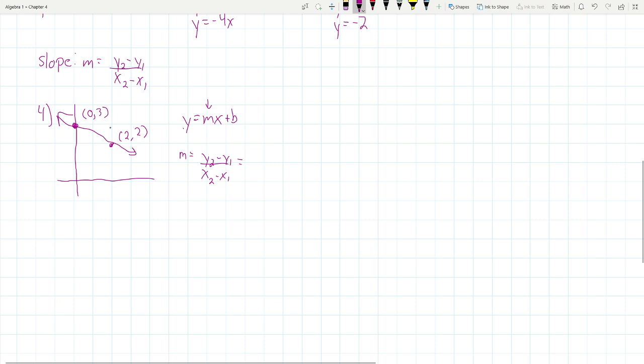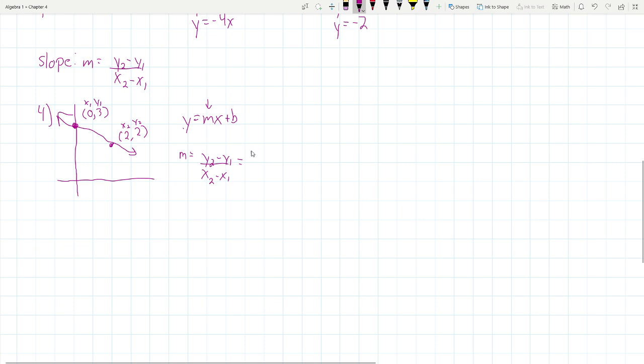And like I said before, whenever we did this a little earlier in chapter 3, I said that we can arbitrarily name them. And so I'm going to name this one x2, y2, and x1, y1. And you'll see a little bit why I just did that.